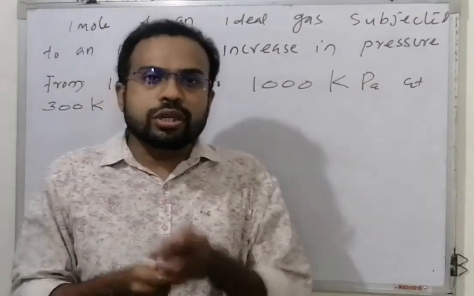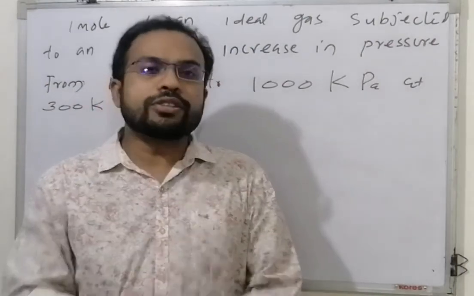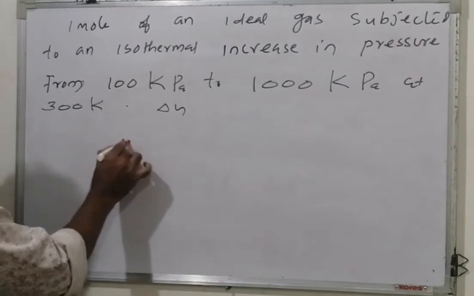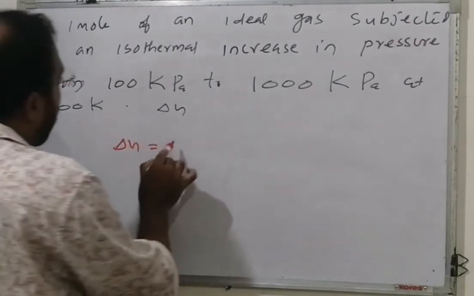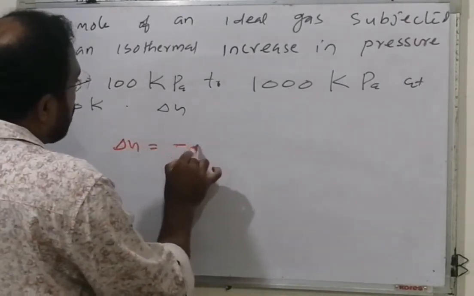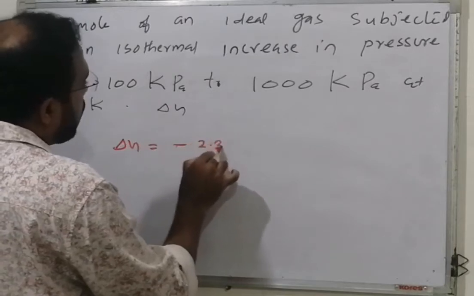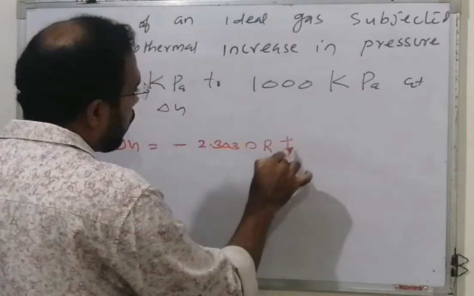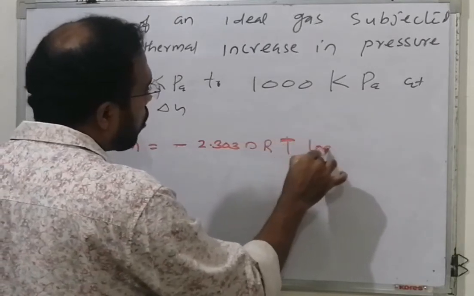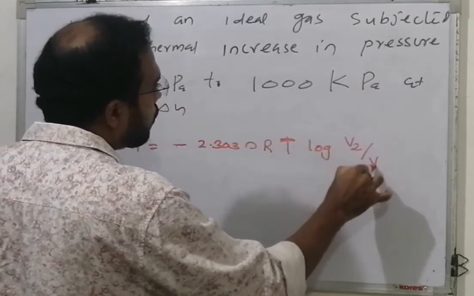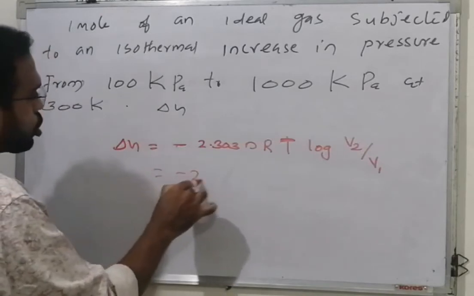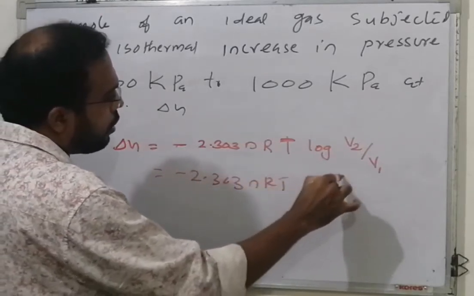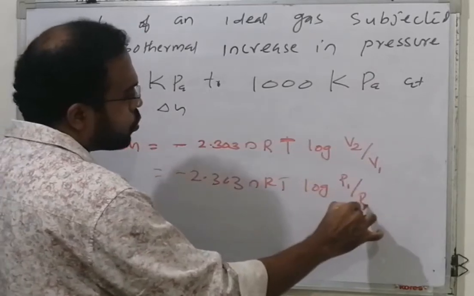Students, don't get confused. Focus on the word isothermal. Isothermal free energy. What is the equation I have introduced to you? Delta G is equal to minus 2.303 nRT log V2 by V1. If it is in pressure, minus 2.303 nRT log P1 by P2.